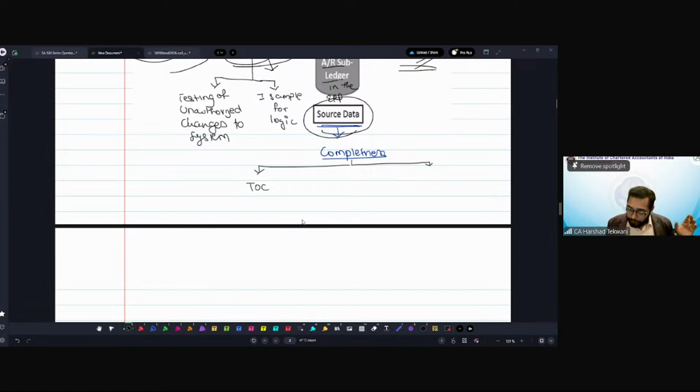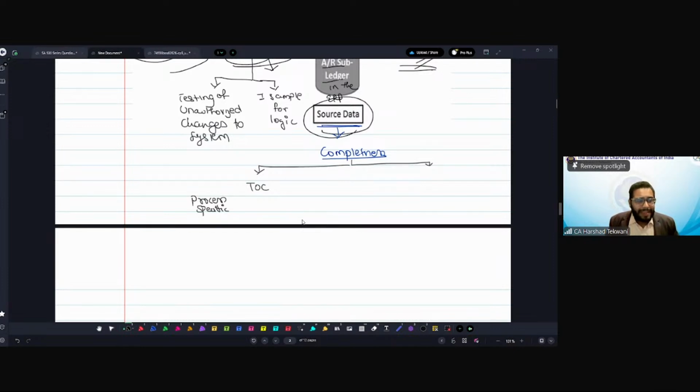Test of control. Yes. Test of control. We go and check, is there any control around the particular source data? For example, invoices are only processed once they are approved or authorized. How is that control working? Apart from that, process specific control. These are process specific controls.